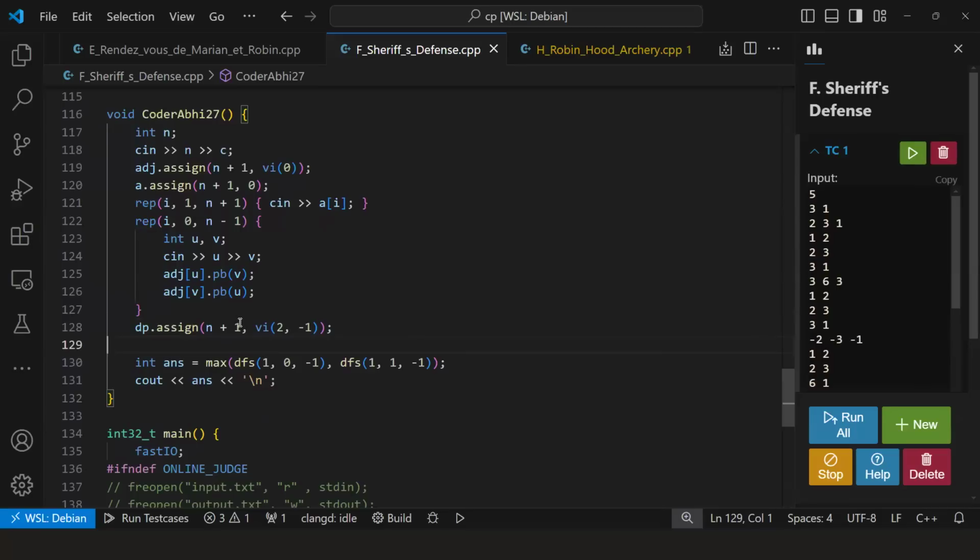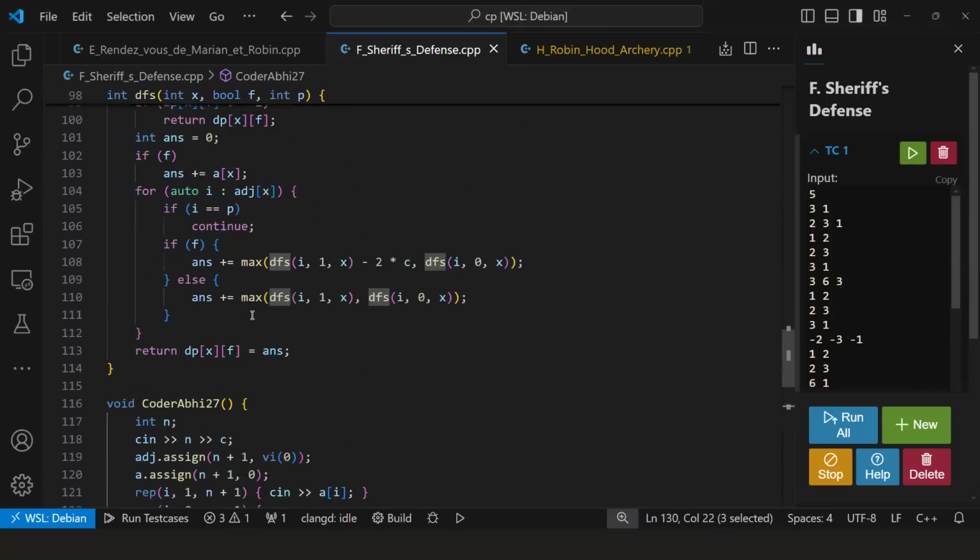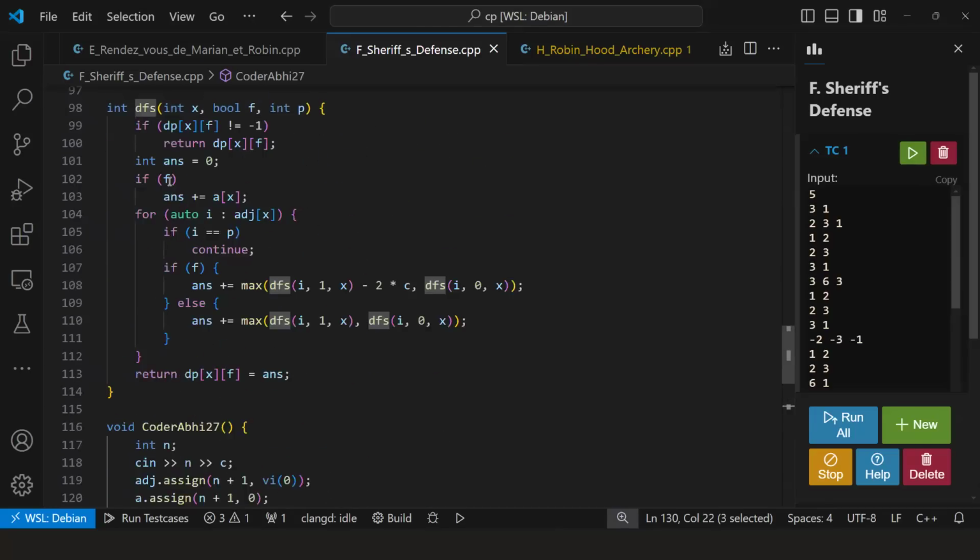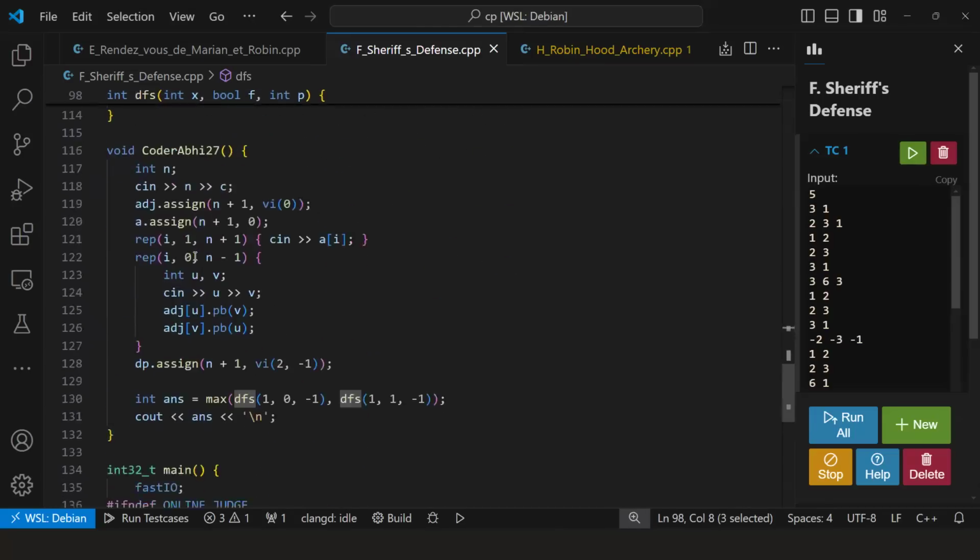Now, what would be my final answer? My final answer is the DP for my root. So this DFS is the function which is returning my DP. This is the DP function also, you can call it DFS or DP.